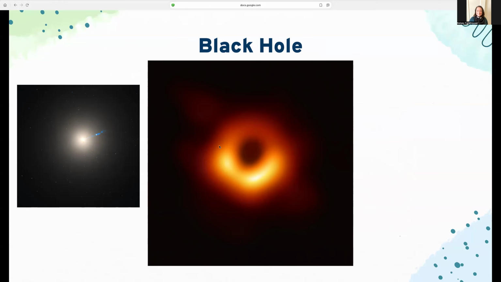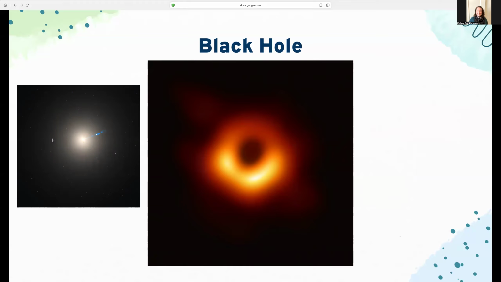You'll notice this bright ring and then darkness in the center. That region in the center is where the escape speed is greater than the speed of light. So even light can't get out. And this is an image of the black hole at the center of this galaxy, M87 or Messier 87.